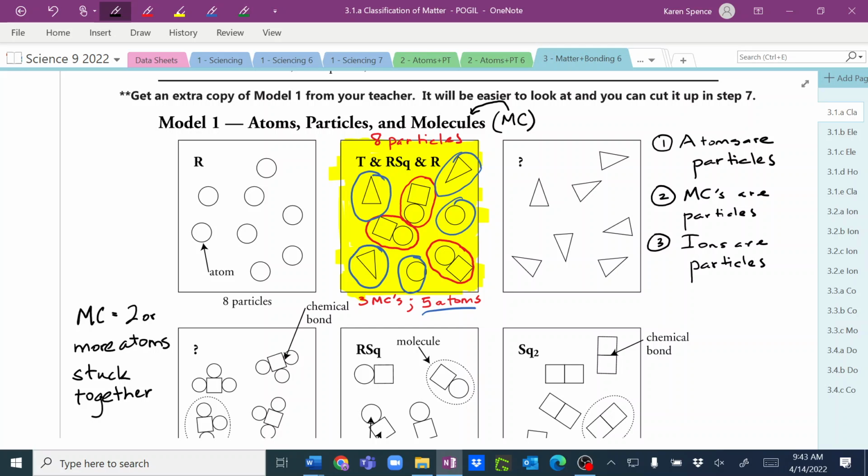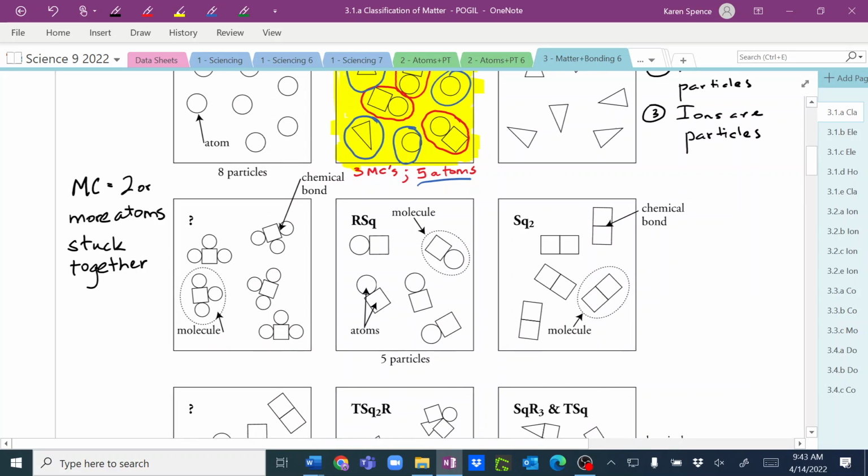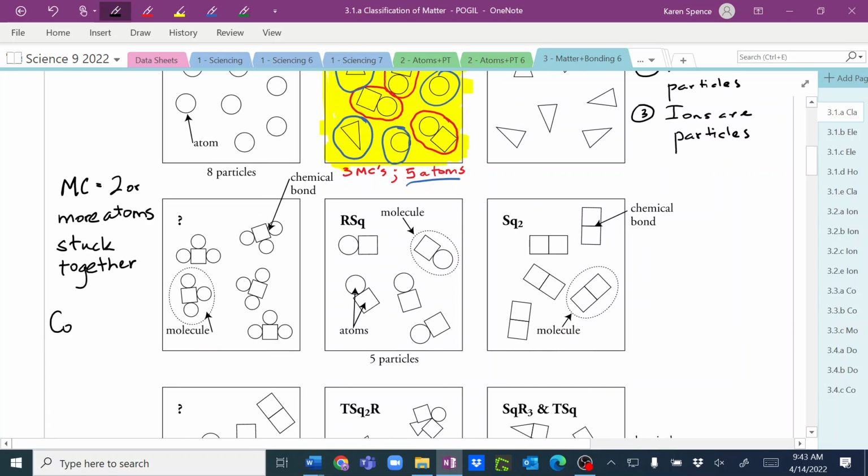Now there's another word that I want you to think about, and this is one thing that's quite tricky sometimes to distinguish between, a molecule and a compound. Okay? What is a compound?